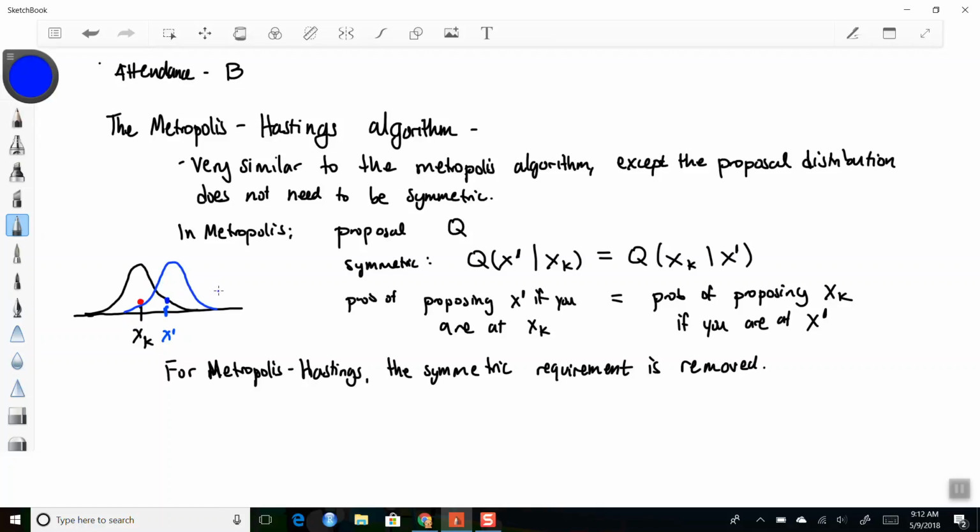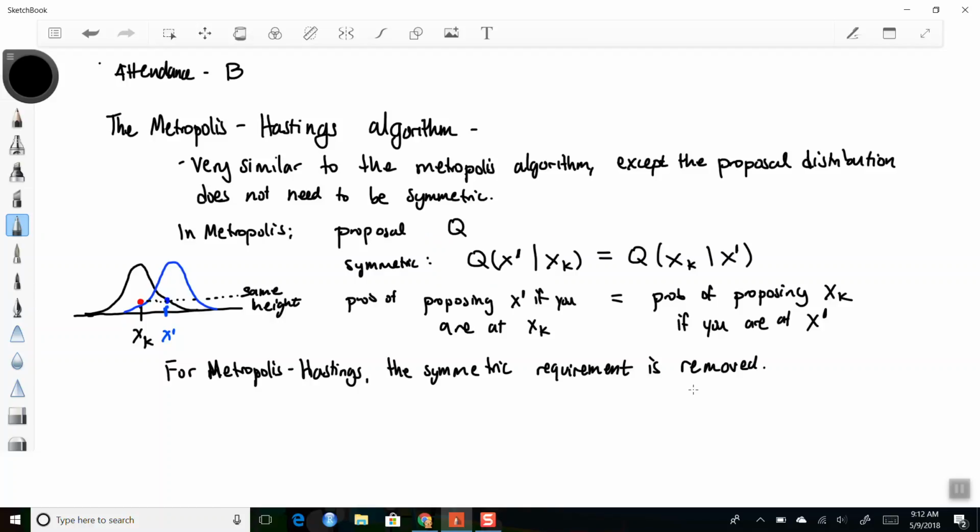They're at the same height. These two probabilities are at the same height. My picture's not perfect, but that's the idea.